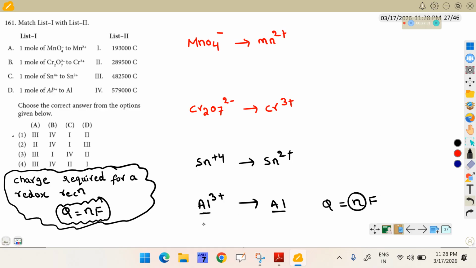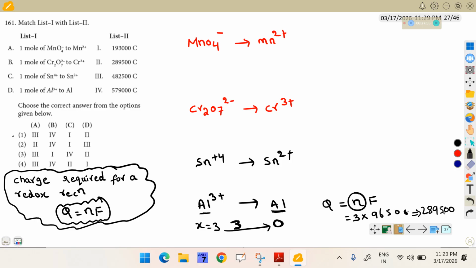Here the oxidation state of aluminium is 3, and on the product side the oxidation state of aluminium is 0. How many electrons? The difference between 3 and 0 is 3. The n factor value is 3. Multiply with 96500.